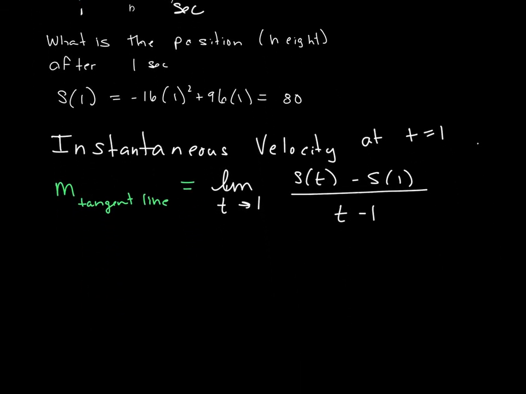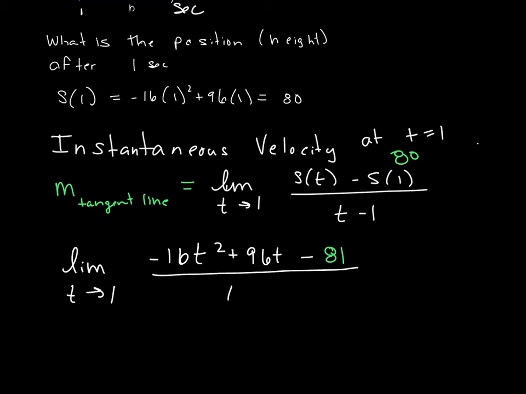Writing that all out means that I have the limit as t approaches 1 of s of t, which is negative 16t squared plus 96t, minus s of 1, which we found before, which is just 80, all over t minus 1.